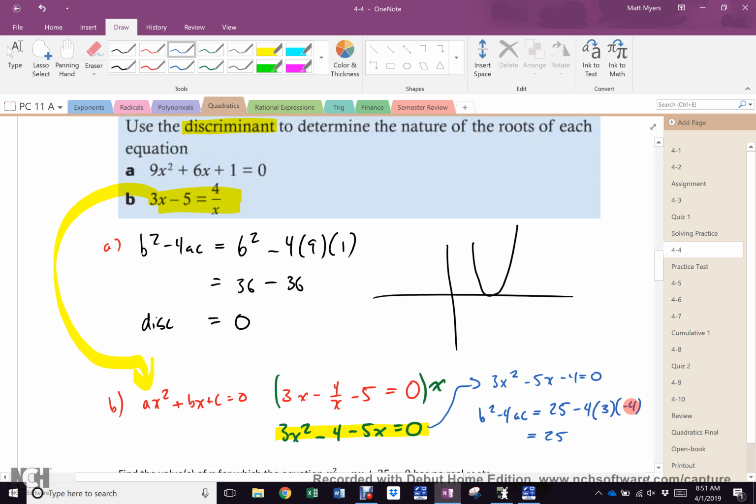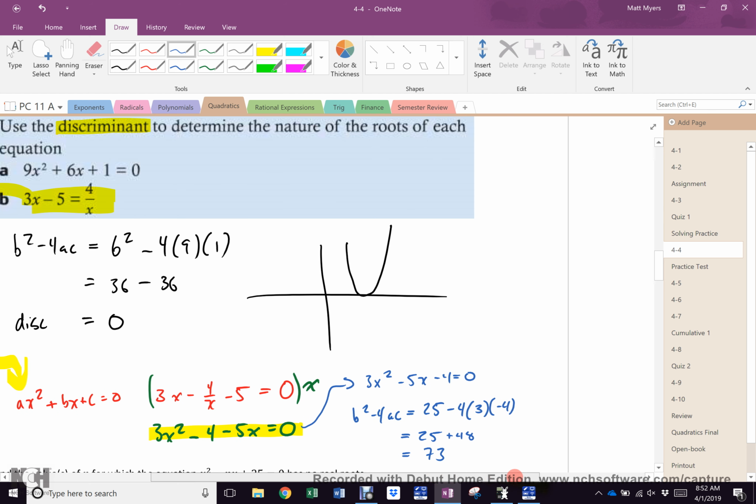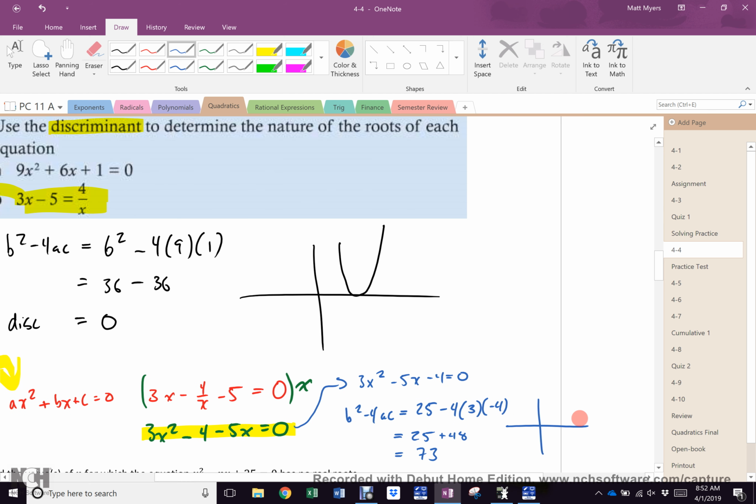What's negative 12 times negative 4? Positive 48. So it's 25 plus 48, which is 73. Is that bigger than 0? So how many roots am I going to have? 2, which means what will the graph look like? It'll hit the x-axis twice.